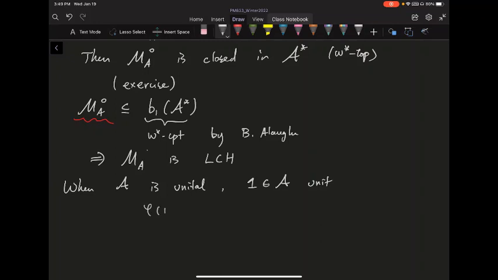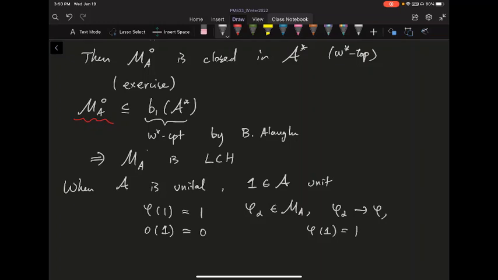If you take any functional phi in the maximal ideal space, phi of 1 has to be 1. But the zero functional, when you evaluate at 1, returns 0. So if you have a net phi alpha inside M_A converging to some phi, then because of the weak star convergence, phi of 1 is going to be 1.